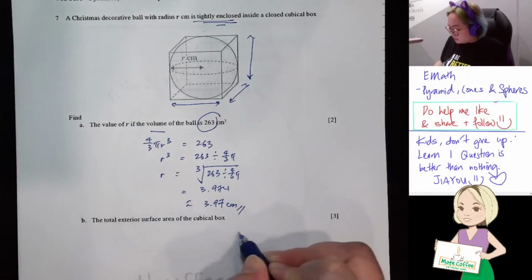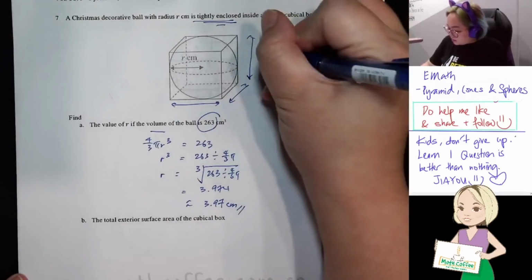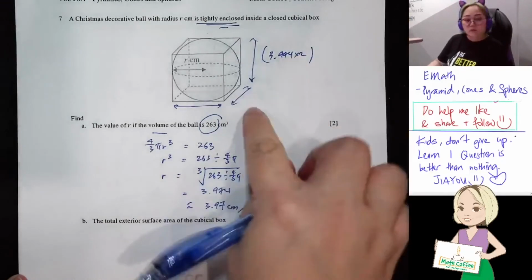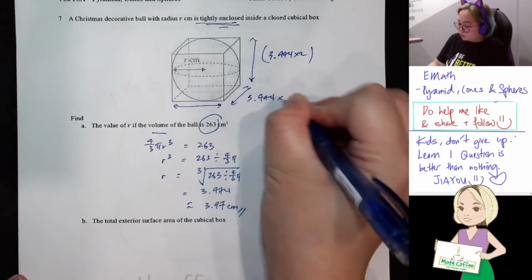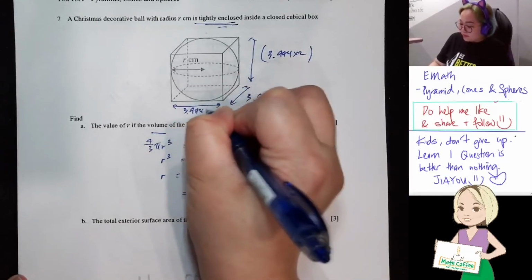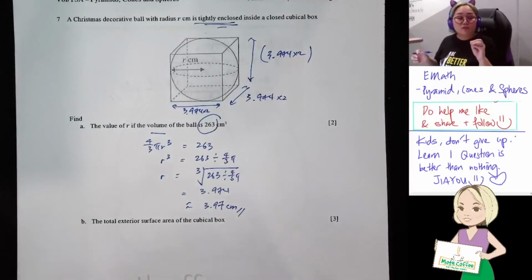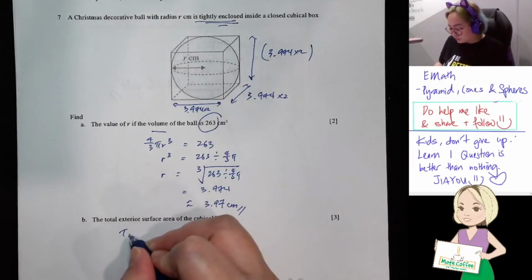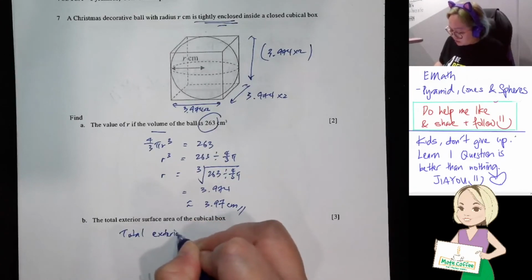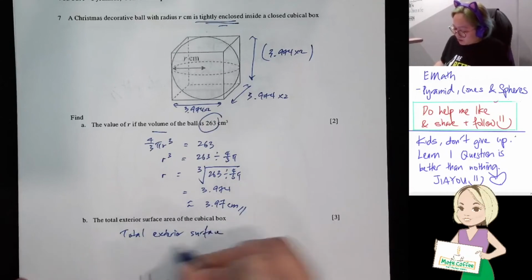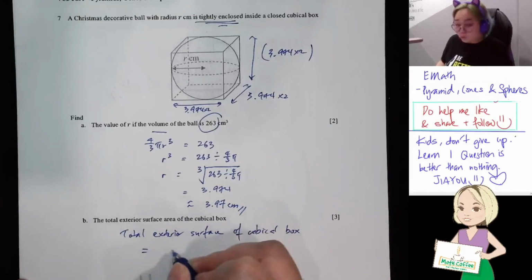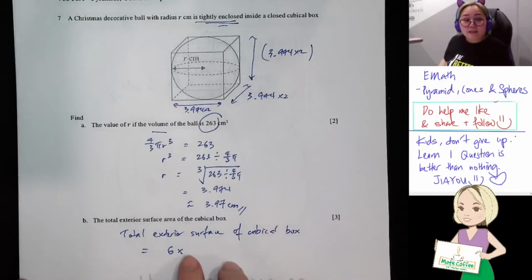So in this case, we will know that all of these will be 3.974 times 2. So I need to find the total surface area of a cube. And we all know that a cube has 6 identical faces. So total exterior surface area of the cubical box equals 6 multiplied by the area of the square.